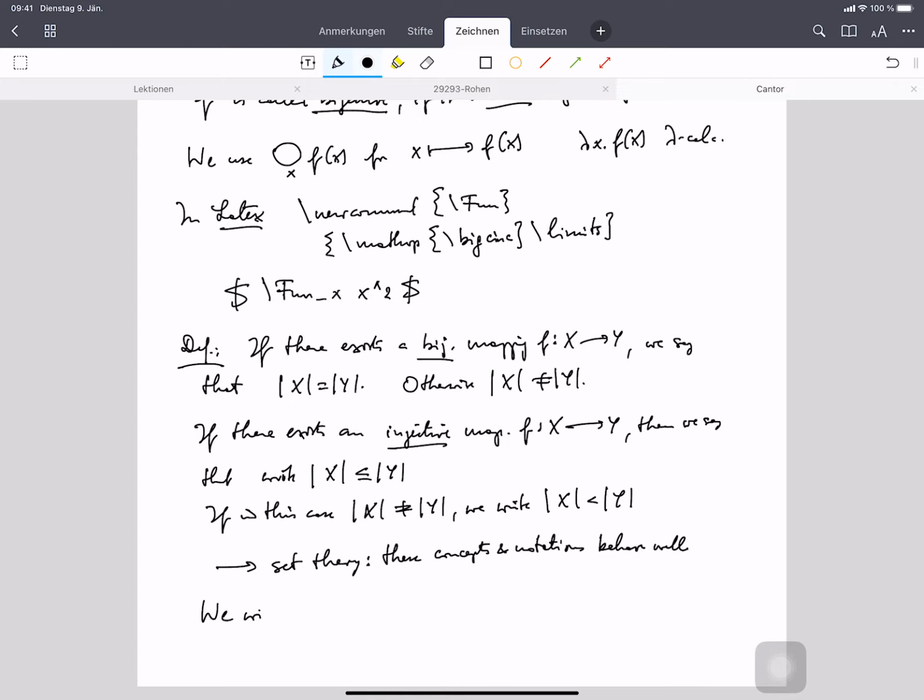We will now show, and this is the main part of this short video, that X always has a cardinality which is strictly smaller than the cardinality of its power set.